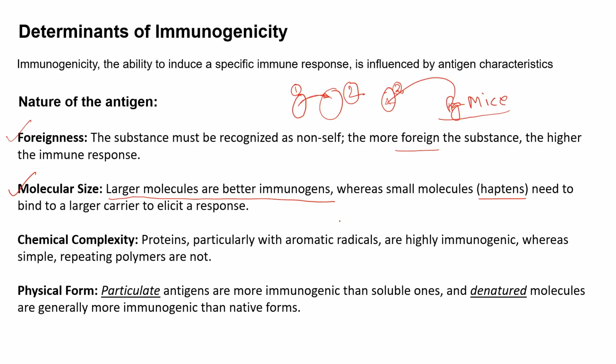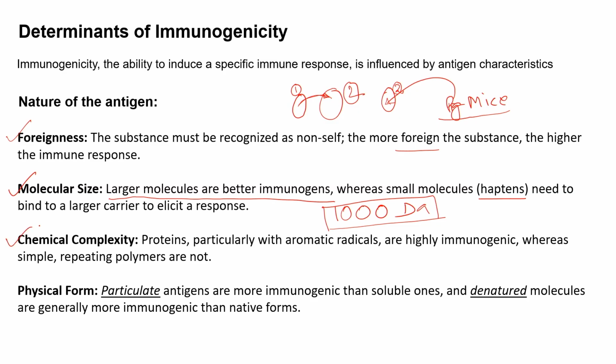When they are mixed with the larger carrier protein, we can see the immune response. In general, smaller immunogens, say 1000 Dalton or lower in size, may not be that efficient as immunogens. So size is very critical. The bigger the protein, the more conformations we can look into, and therefore we can expect a larger immune response in the human body.